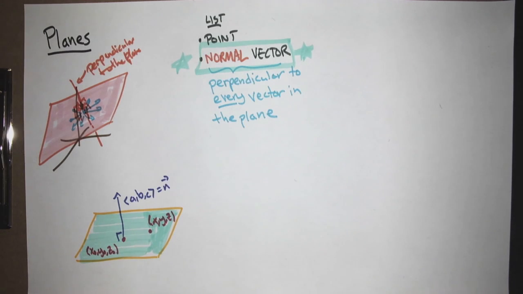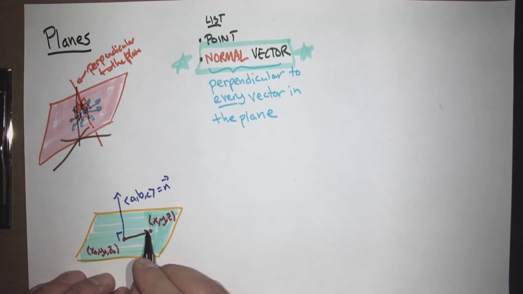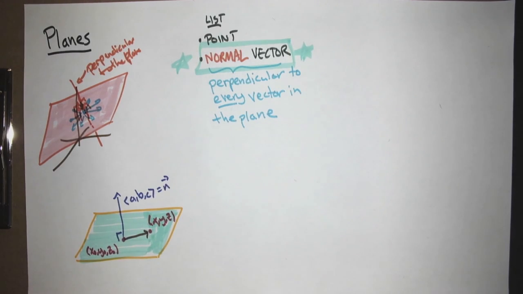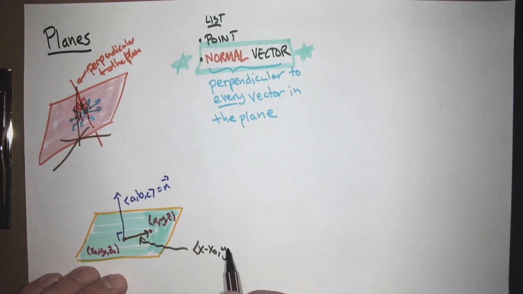What to do? Well, let's connect. I claim we can find that vector. It's a vector between two points. So you just subtract x minus x naught, y minus y naught, z minus z naught.